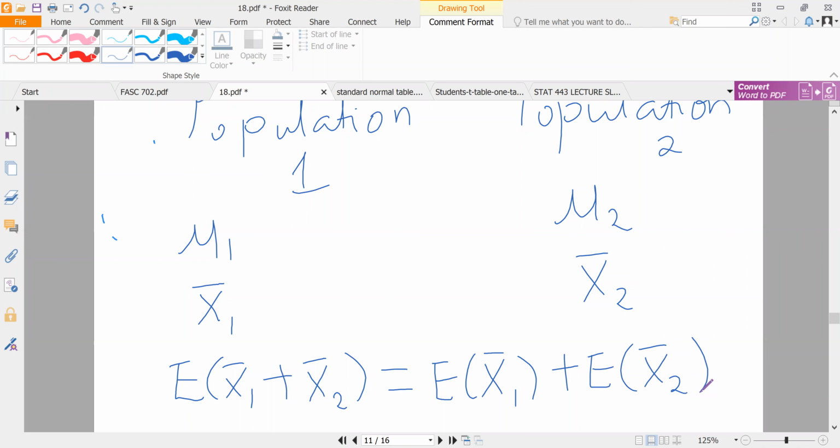Remember, X bar 1 and X bar 2 are sample estimators of the population means respectively: X bar 1 for population 1, X bar 2 for population 2.